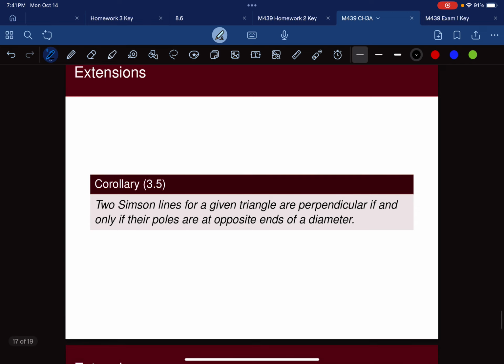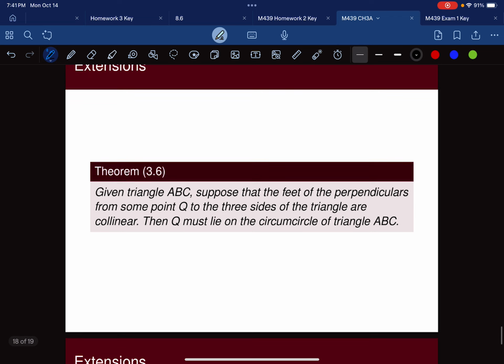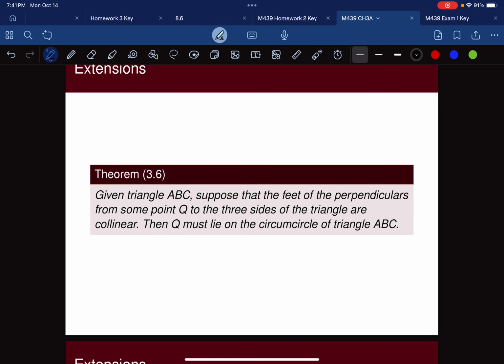Kind of an interesting next place the book goes is here. Given the triangle ABC, suppose that the feet of the perpendiculars from some point Q to the three sides of the triangle are collinear. Then Q must lie on the circumcircle. And hopefully you recognize that this is just the converse of theorem 3.2.